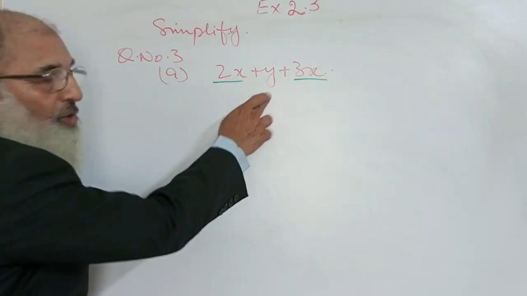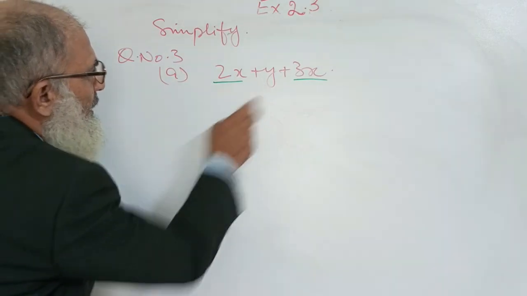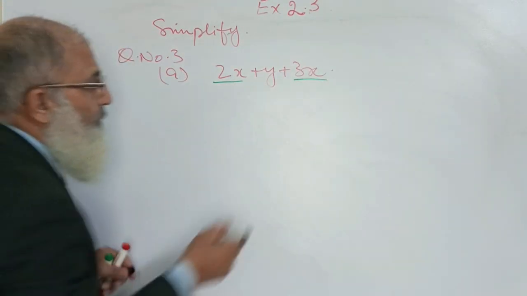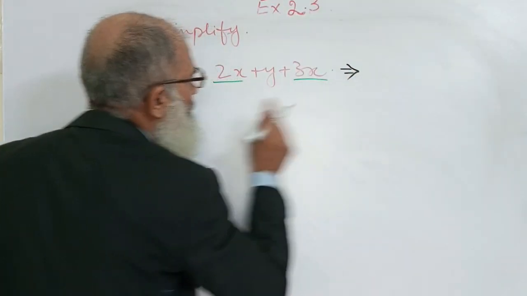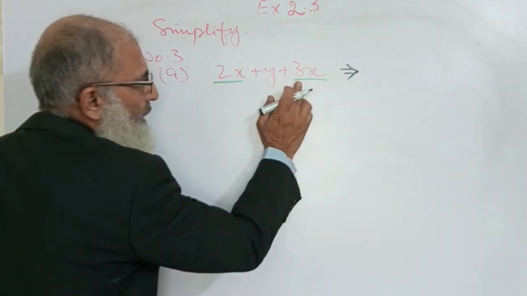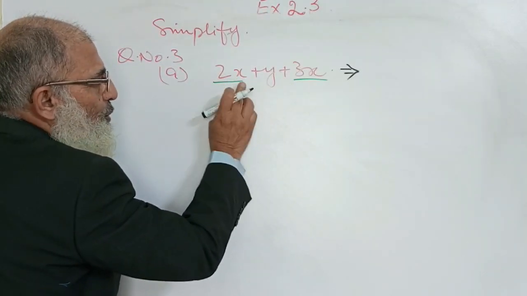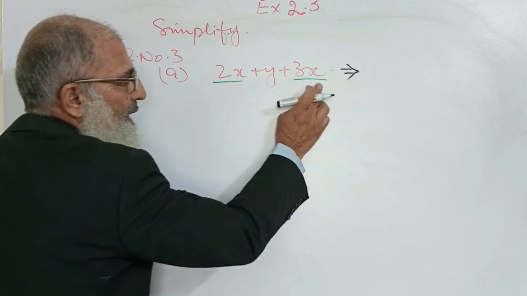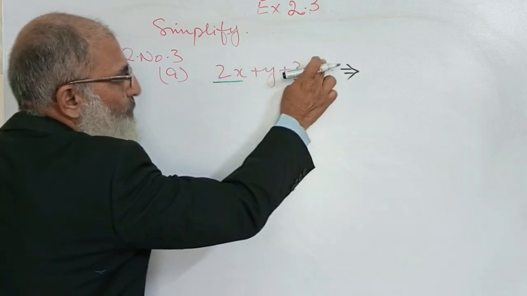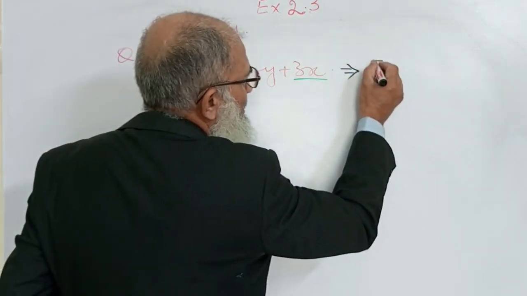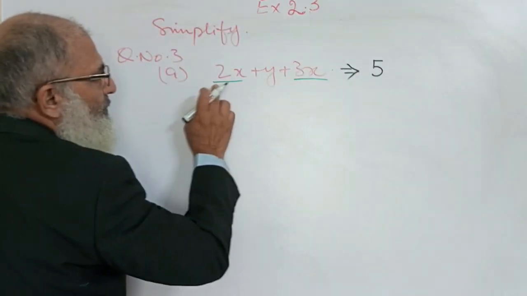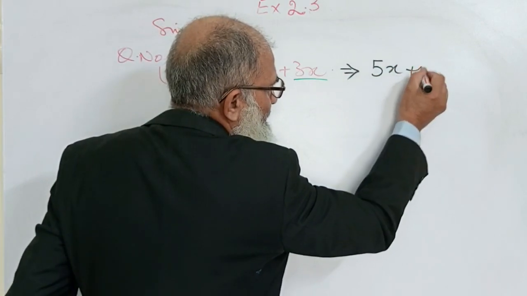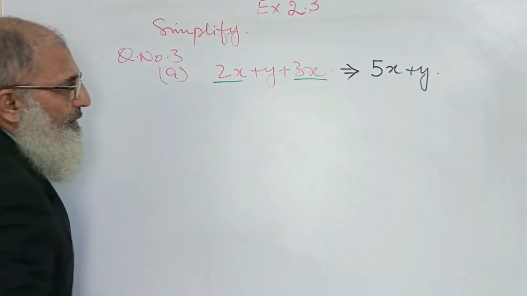But since it is only one over here, we don't have to bother, and we'll go 2, 3, 5. We'll look for the like terms. The like term is x and x over here, power is 1, power is 1. So the answer here is 5x plus y. You see that y is written as it is.